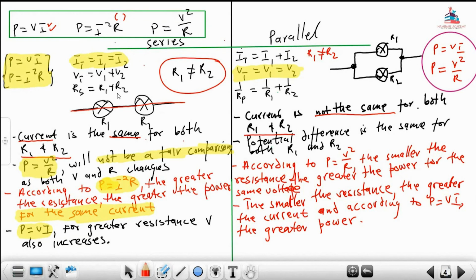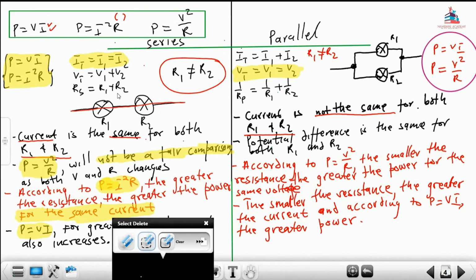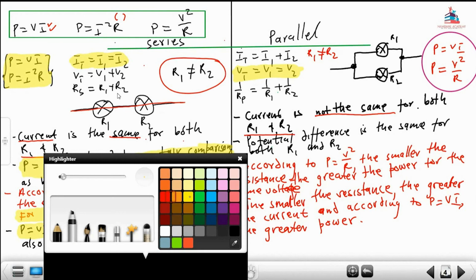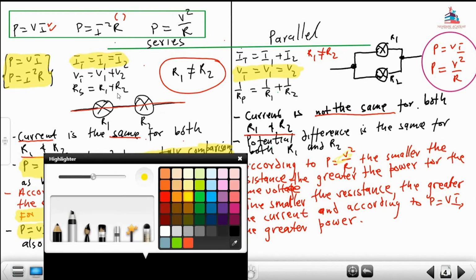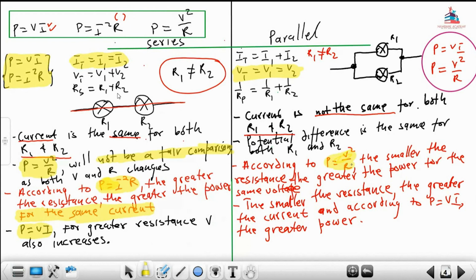So now let's explain this in simple terms. Let's first highlight key things according to this equation. It's important. The smaller the resistance, the greater the power for the same voltage.